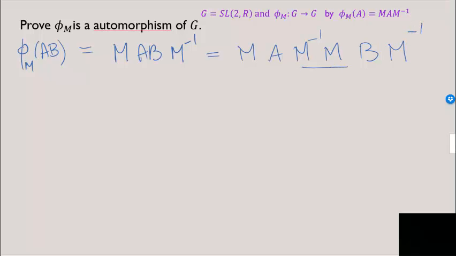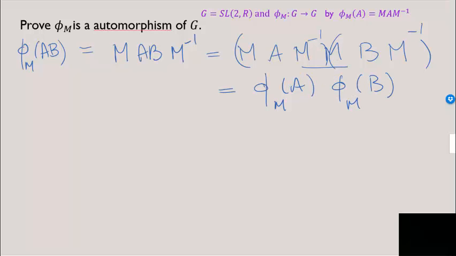Because M inverse M is just the identity. And so we have then, well, we could put parentheses on, like this. And we have phi sub M of A times phi sub M of B. Therefore, it is operation preserving.